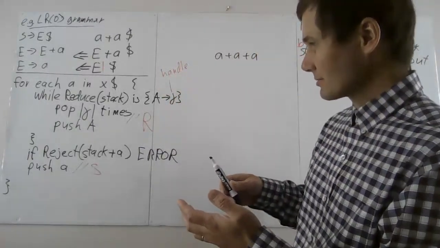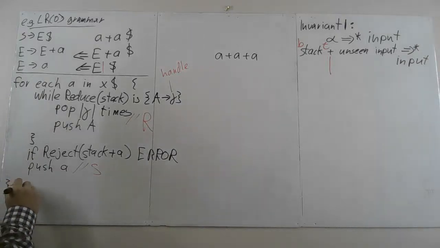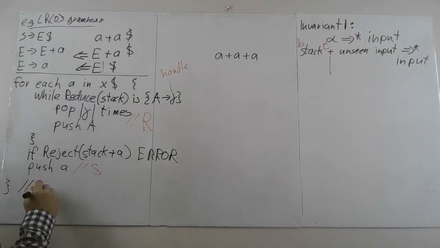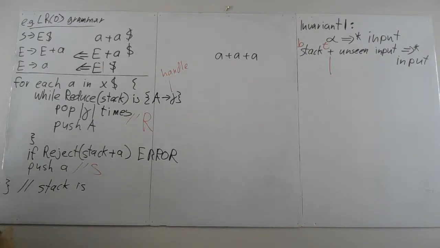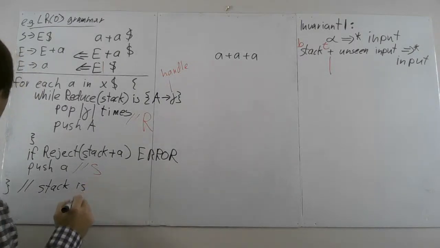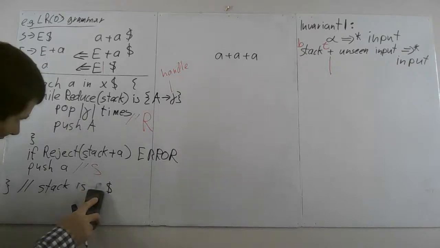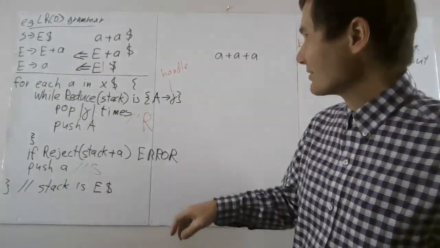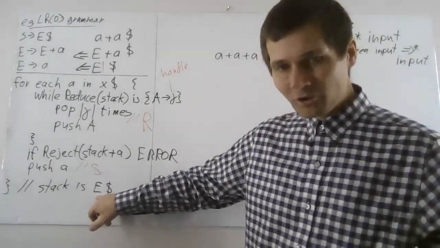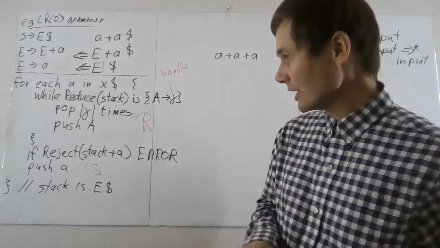So if you don't reject, then once you get to the end of this loop, the stack is always going to be... okay, I want to say the stack is $, but in our example, it's $. So let me write it as $. The point is, the stack is always going to be the original non-augmented symbol plus the end of input symbol, if I reach this point.